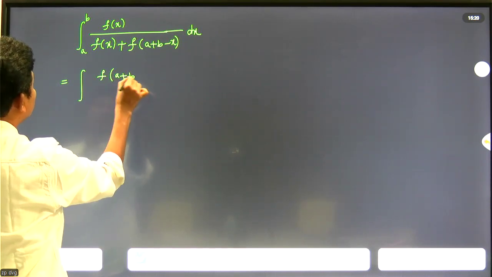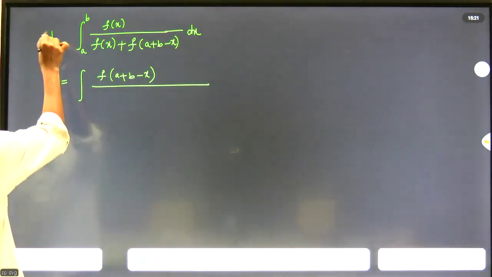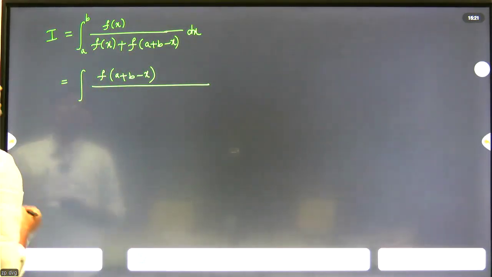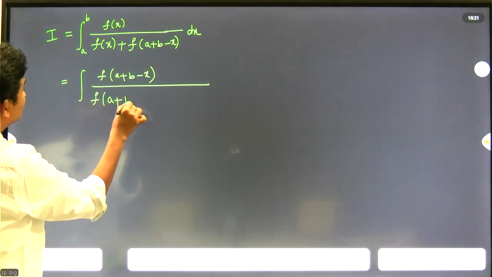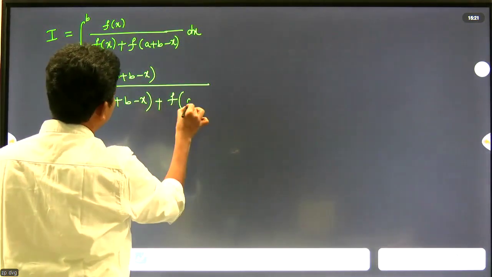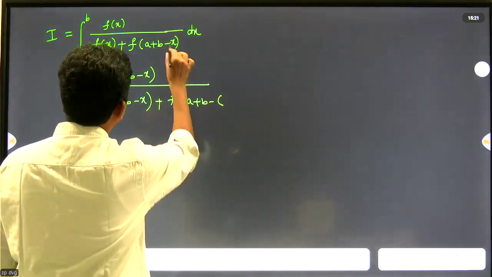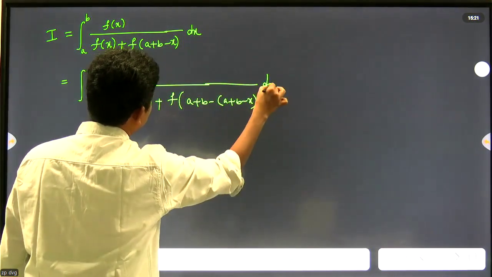That's why doing the integral properties before the objective is very important. In place of x, just simply write a plus b minus x. I am taking this integral as I. In place of x, you write a plus b minus x, and the f of a plus b minus x term becomes f of x, dx.